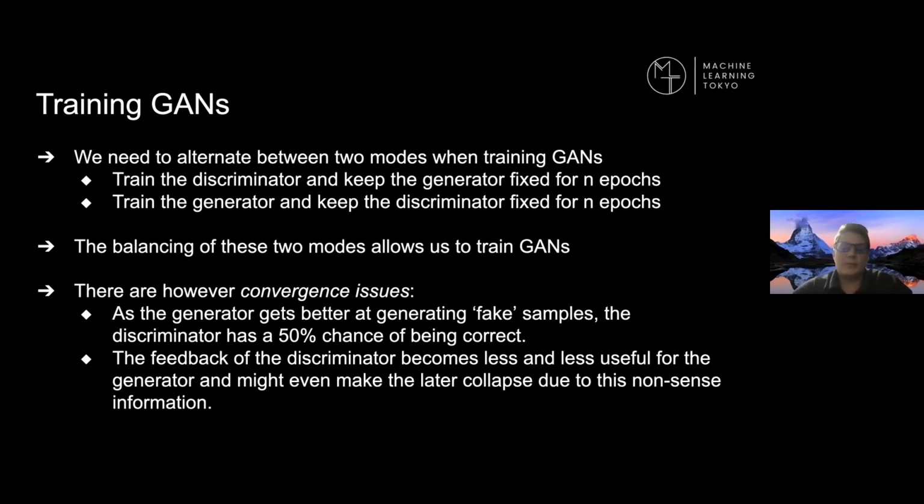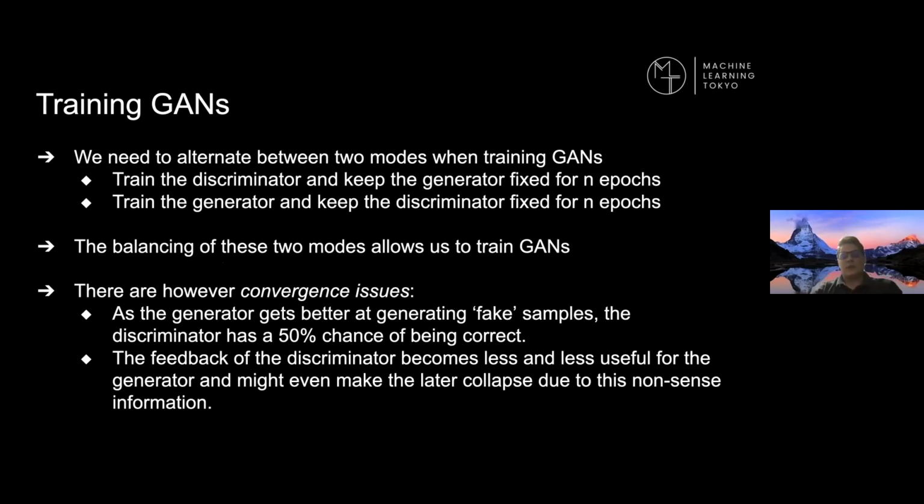And every n epochs, we're going to switch between these two. So what we're going to do is first train the discriminator and keep the generator fixed for a certain number of epochs. And then we're going to switch. So we're going to train the generator and keep the discriminator fixed. And this balancing of training these two models one after each other allows us to train the overall GAN framework.